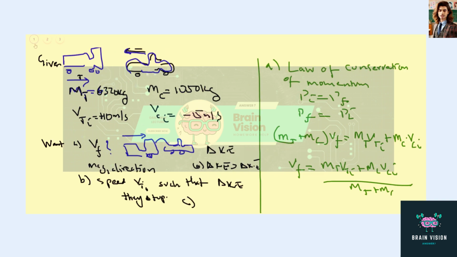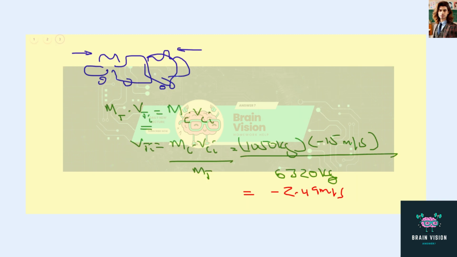So if you go back, we were saying, what's the speed such that they're going to stop? That's what you're looking for. Speed has no direction, just a magnitude. So it's just going to be 2.49 meters per second.